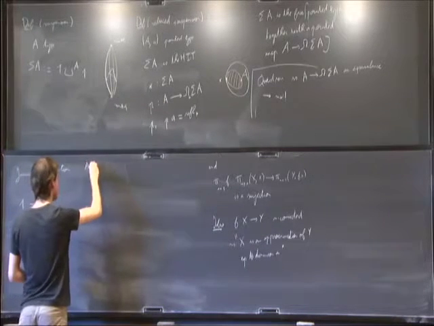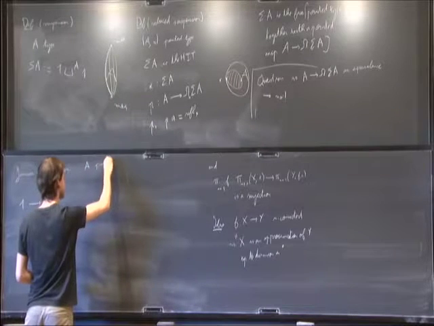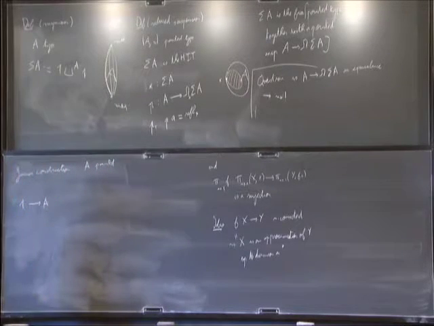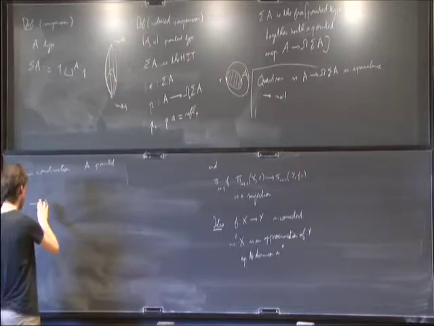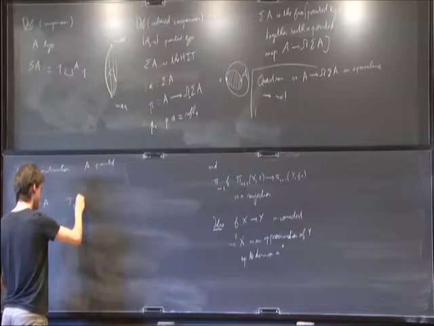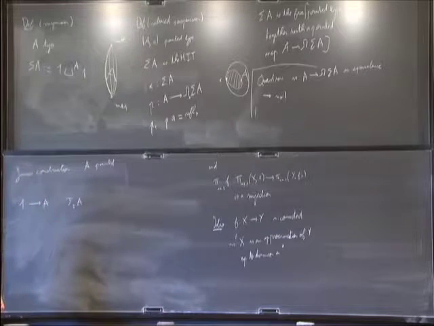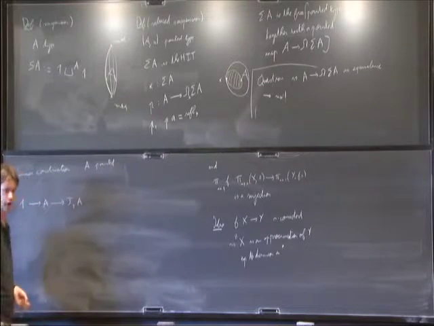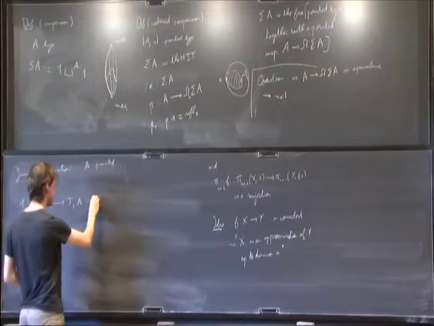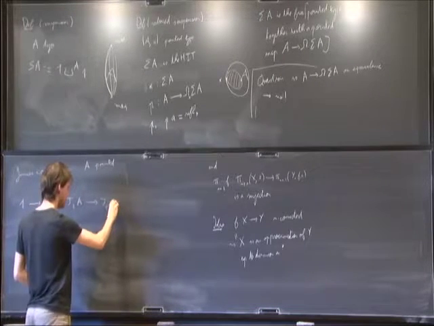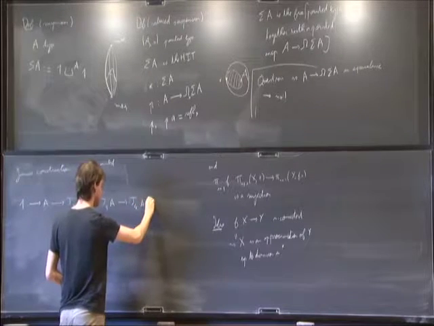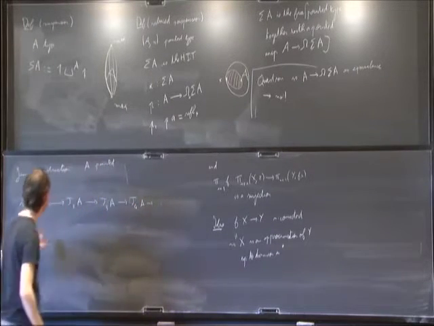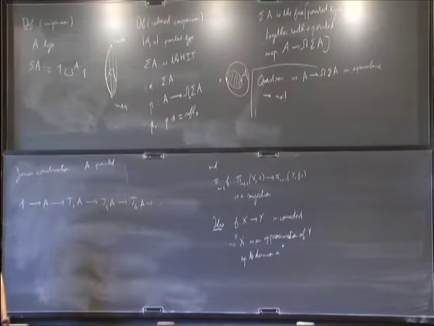Suppose A is a pointed type, so you have a map from 1 to A. Then I will define some space J2 of A with a map from A to J2 of A, and then J3 of A, J4 of A, and so on. So we'll have a sequence of spaces with maps between them, like that.